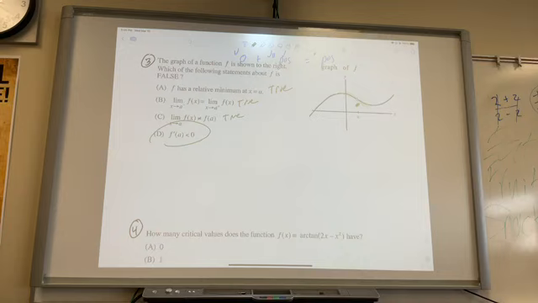The derivative at A is less than 0, which means f is decreasing at A. But it's 0. Hold on. Oh, not differentiable at A. Wait, why is it... Oh, it's lower.